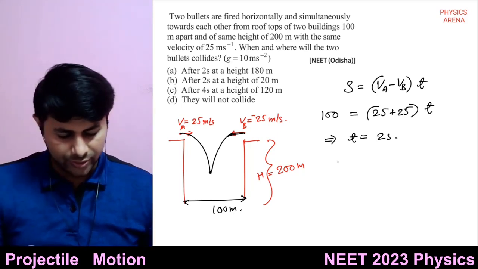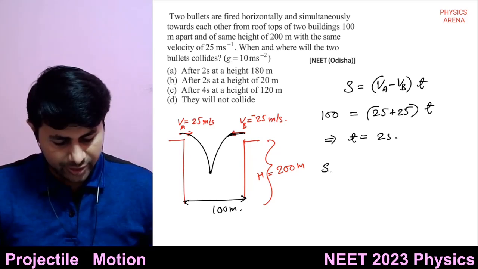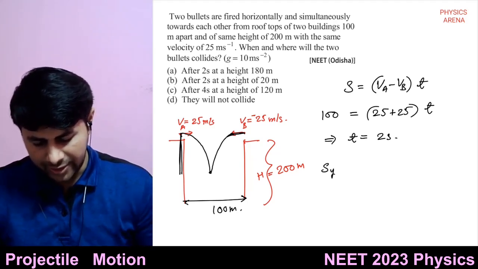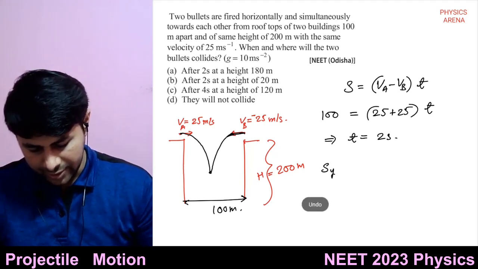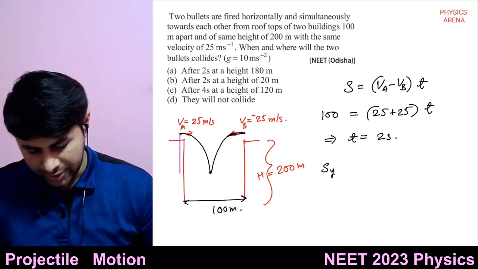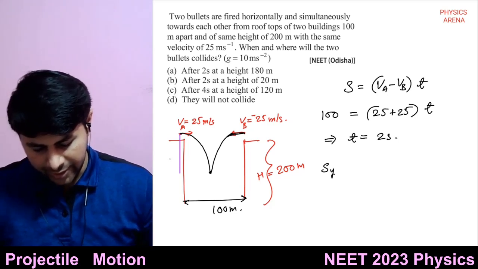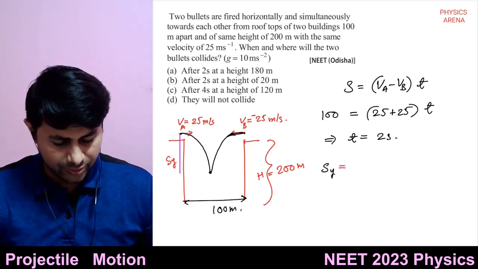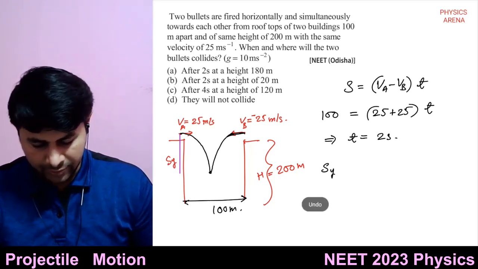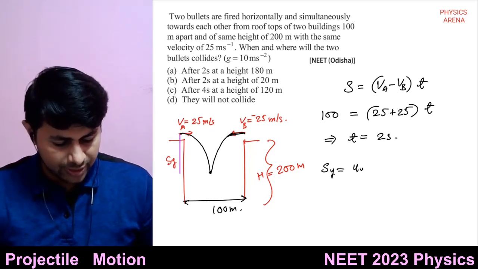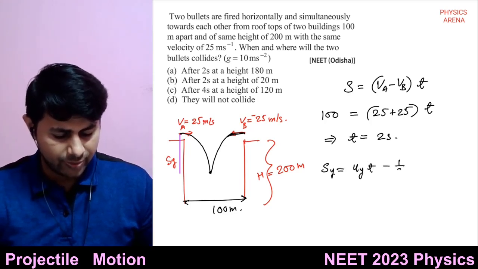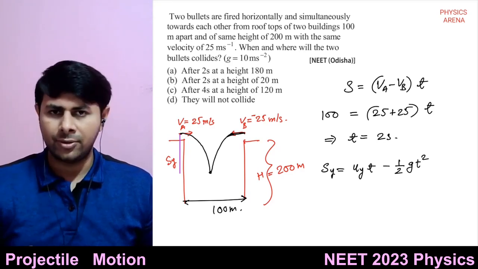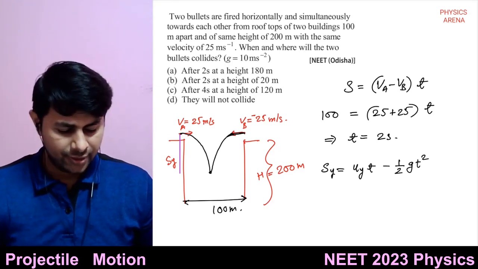So we can use this formula for distance covered in the y direction. Let's suppose this much is the displacement in the y direction, Sy. Sy is equal to uy times t minus half of g t square, and uy is 0 since they are fired in the x direction.